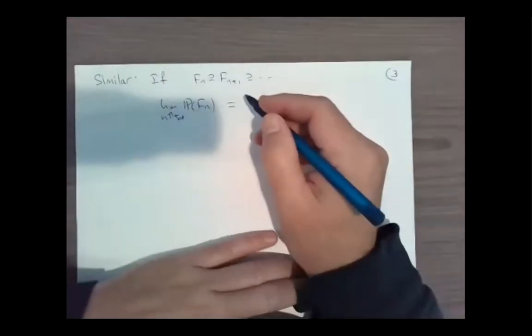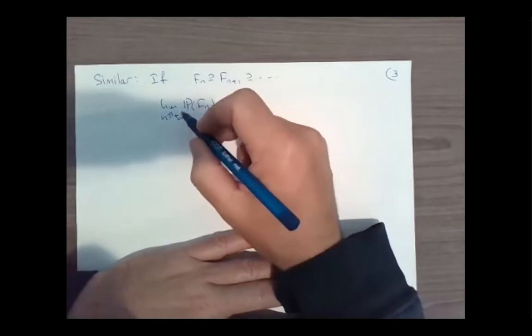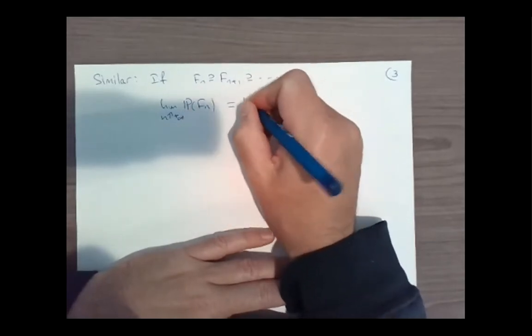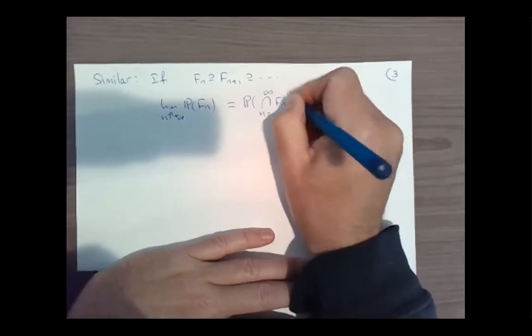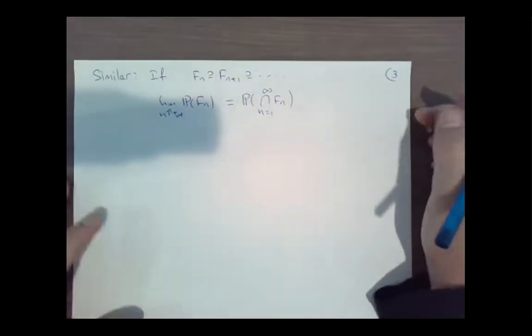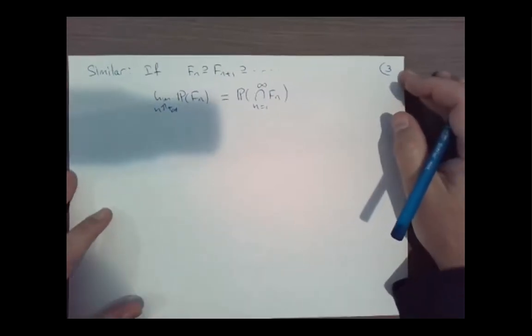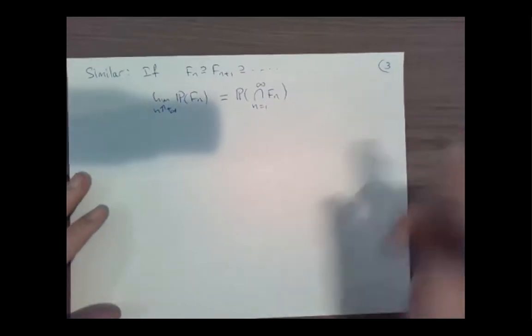So it says the intersection of the Fs, and that's absolutely spot on. We're going to get that the limit of these probabilities is going to be the probability of that intersection. Does disjoint mean mutually exclusive?